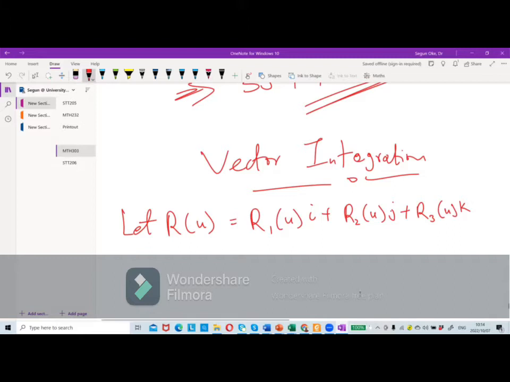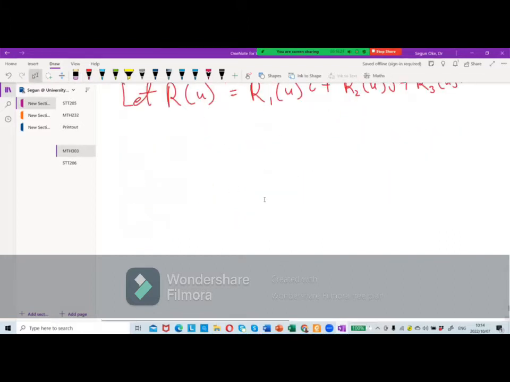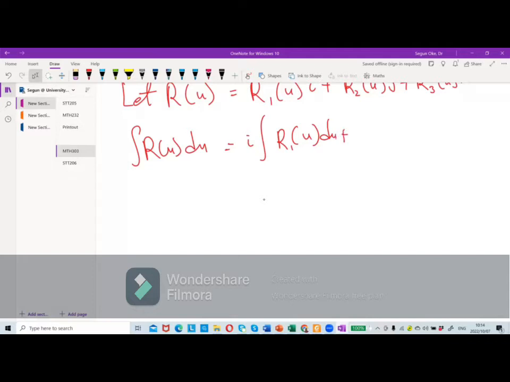Then the integral of r of u du equals i times the integral of r1 of u du plus j times the integral of r2 of u du plus k times the integral of r3 of u du.